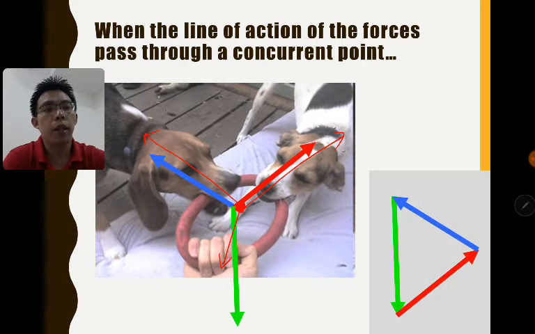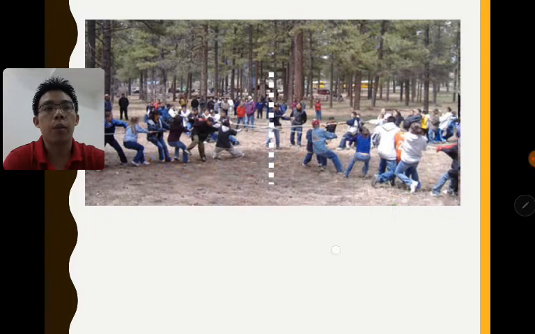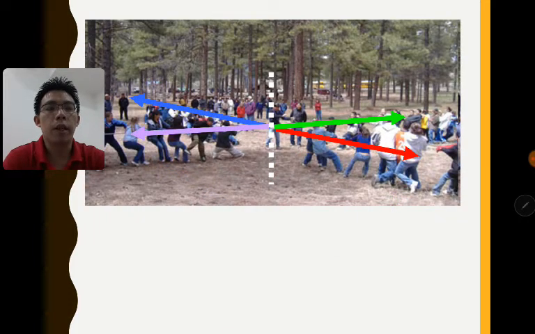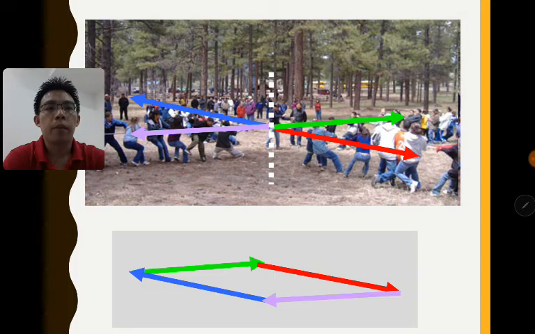Number two is that these forces can be arranged into a closed polygon. So there are two methods here that you might apply if you want to solve the problem. Here's an example of a tug of war.